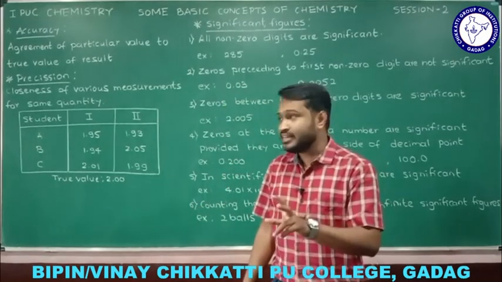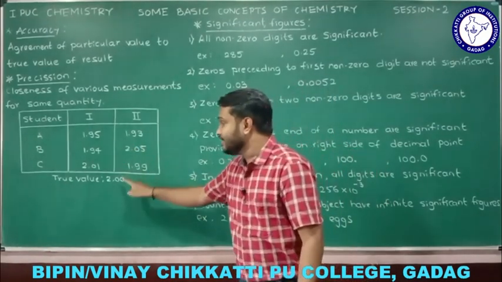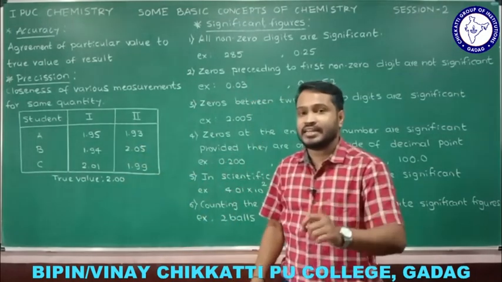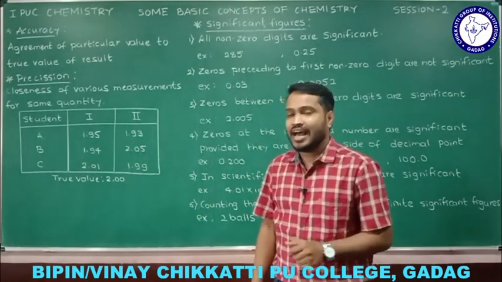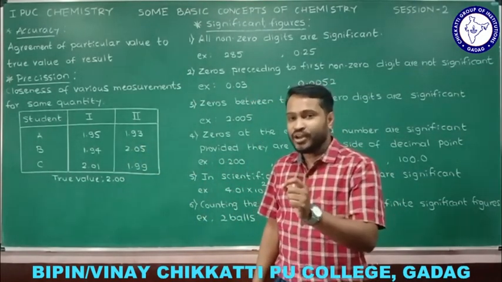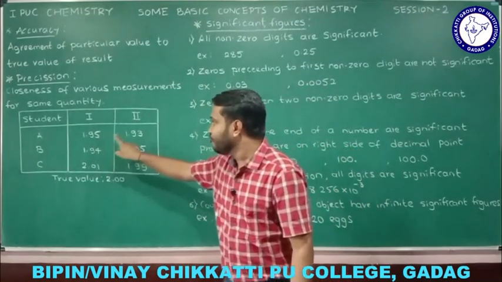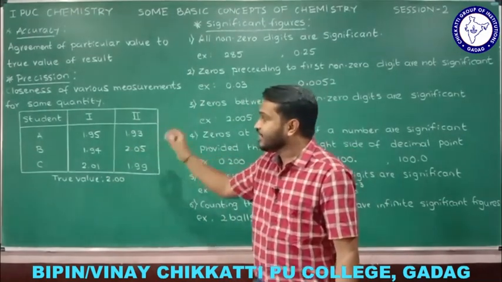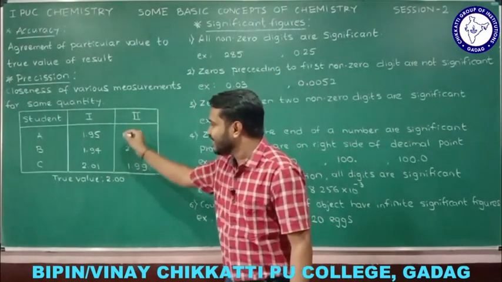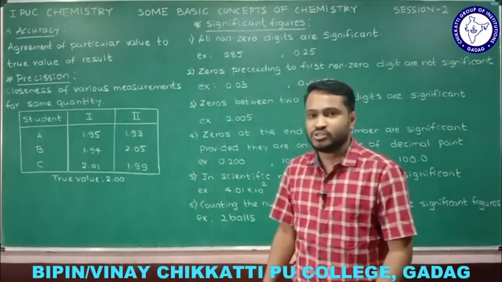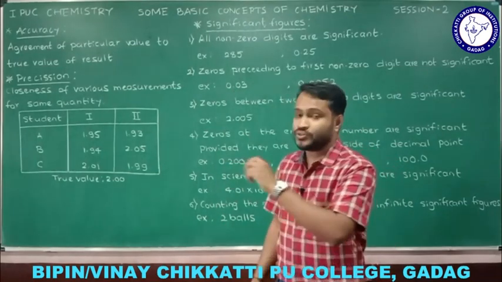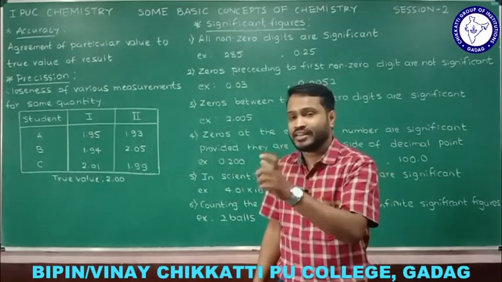So what I am going to say is student A is not going to get the accurate reading. There is no accuracy, I can say here. Why is there no accuracy? Because when 1.95 and 1.93, which we call particular values, are compared with the true value, there is a large difference. Therefore student A does not get accuracy.